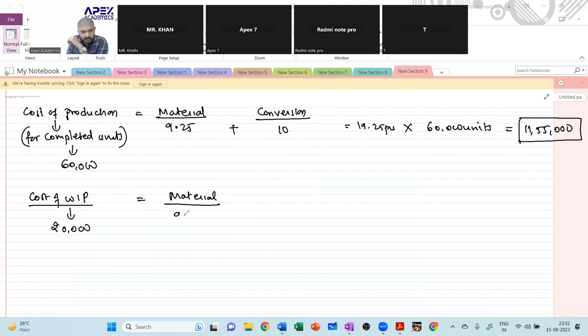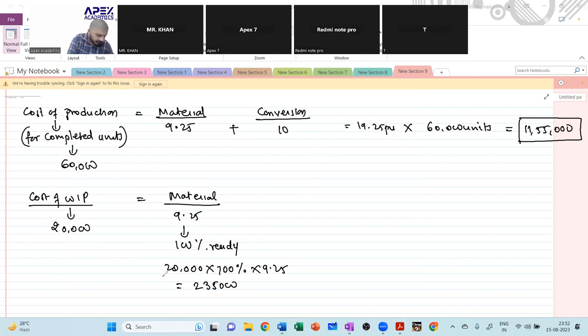What is the material cost? 9.25. Material is how many percent ready? 100% ready. Means for 20,000 units multiplied by 100% ready, I have incurred 9.25 per unit. 9.25 multiplied by 20,000 comes to, I'm so sorry, 1,85,000.